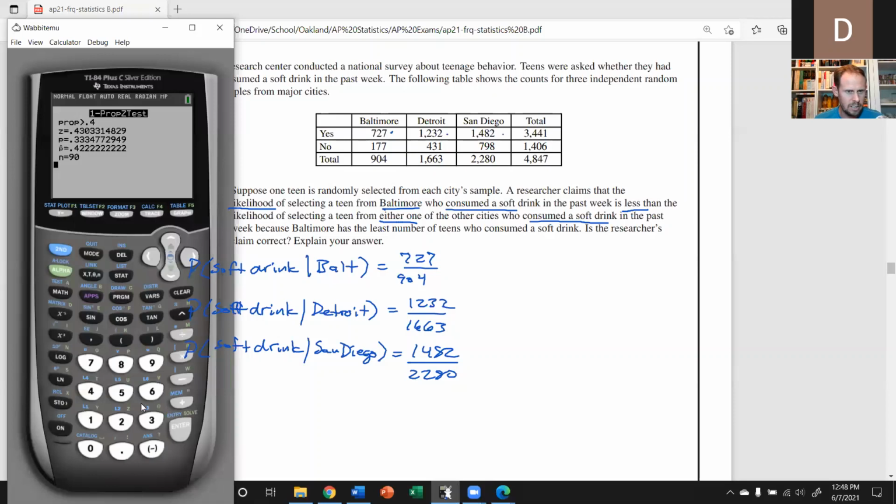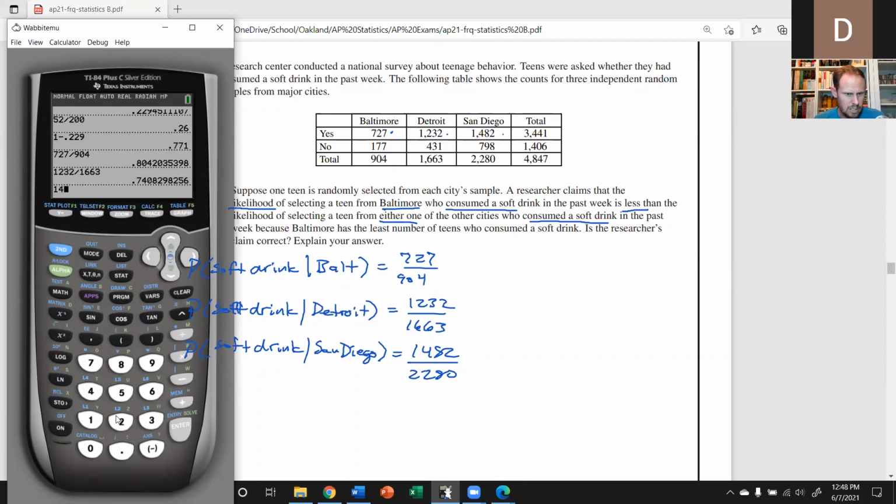So 727 out of 904. There's our first one, 80% it looks like. 1,232 out of 1,663. There's our next one, 74. Well, that one's already lower. We can probably stop and say, nope, they're wrong based on that.